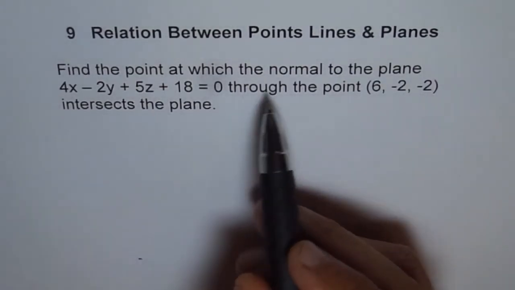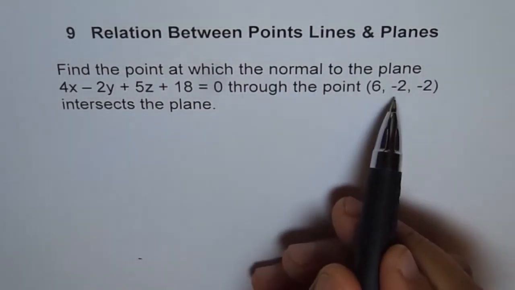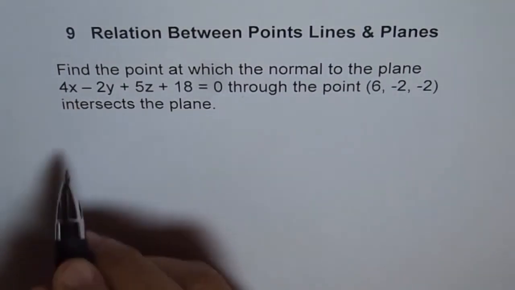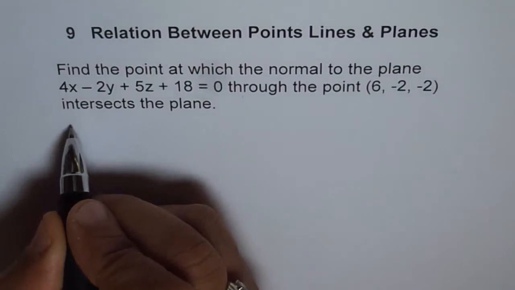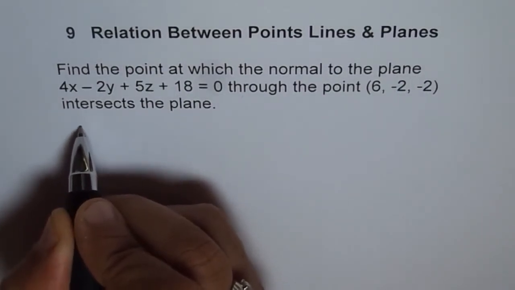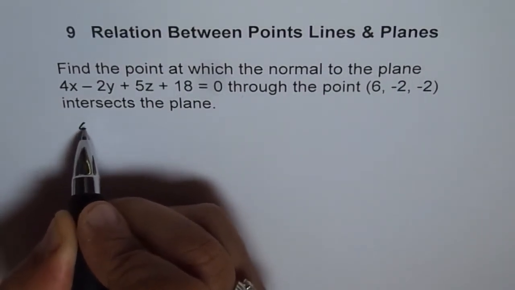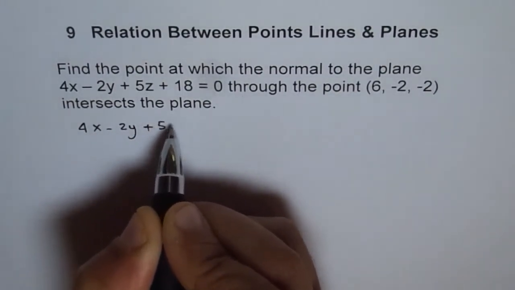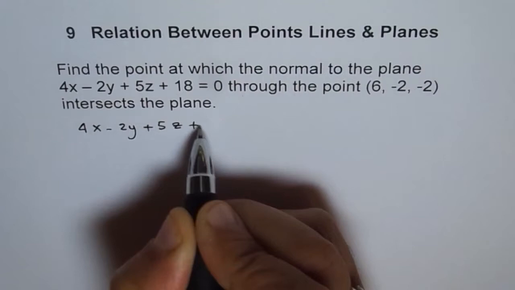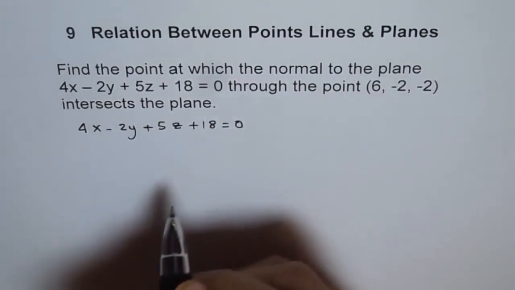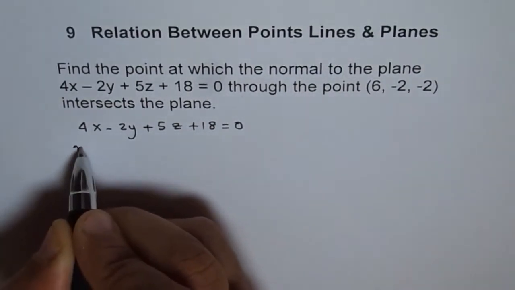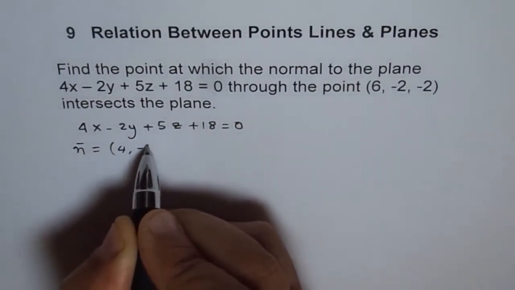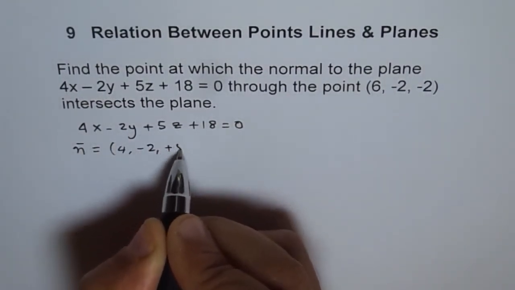Now, the equation of the normal through this point will be... let's see the normal vector. The plane equation is 4x minus 2y plus 5z plus 18 equals 0, right? So from here we can write the normal vector as (4, -2, 5), correct?